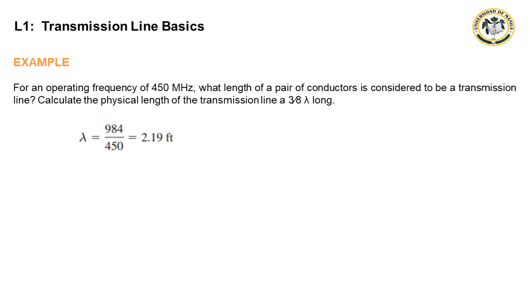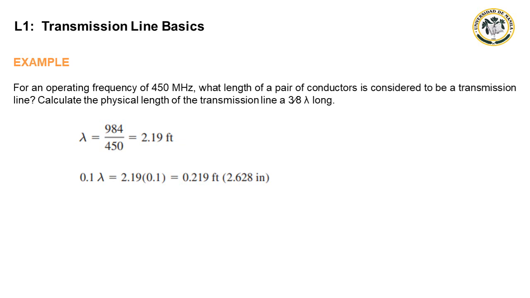Wavelength is equal to 984 divided by 450, which is 2.19 feet. Therefore, to be considered a transmission line, it must be at least 0.1 of its wavelength.